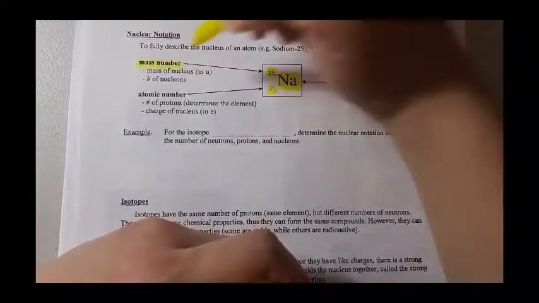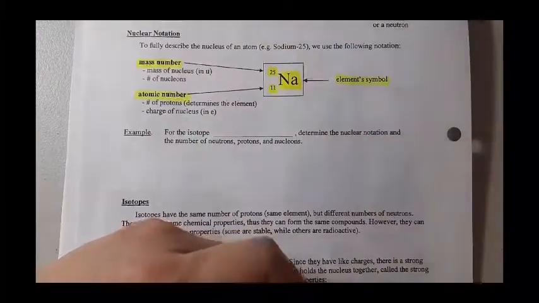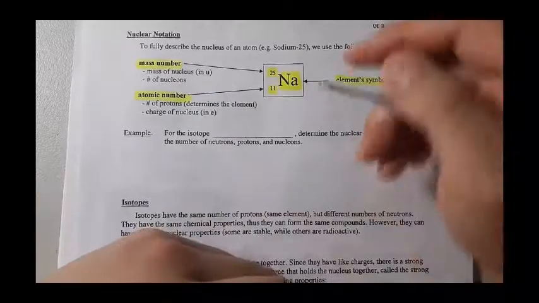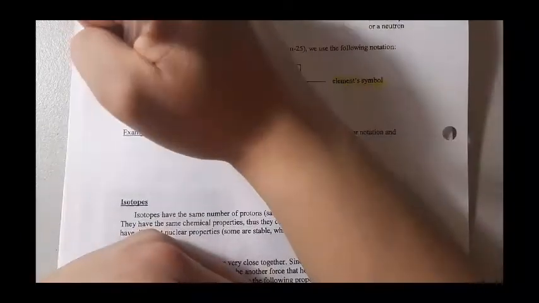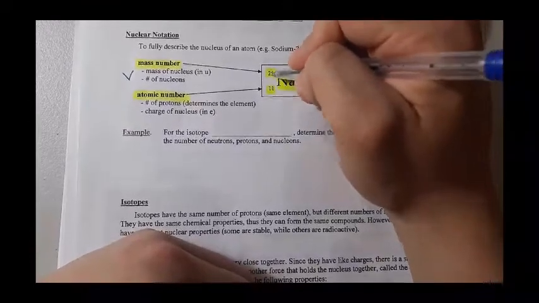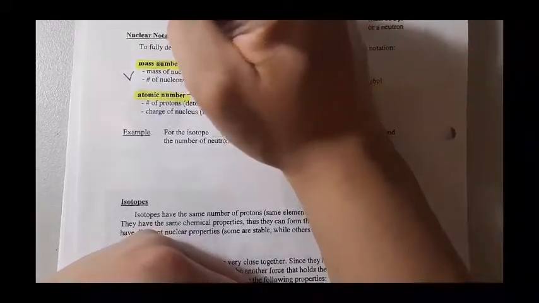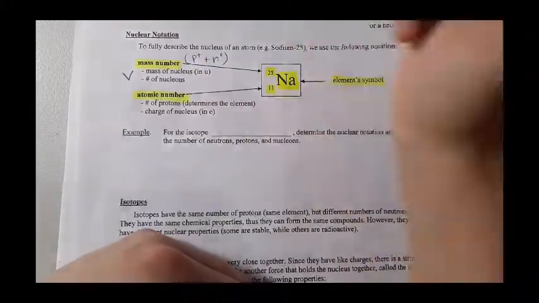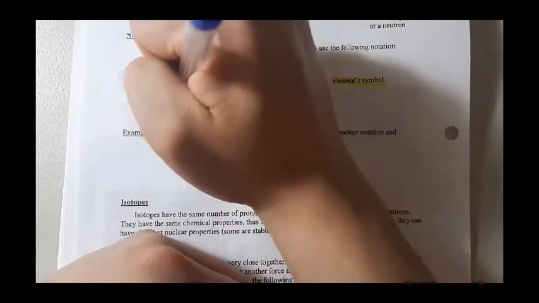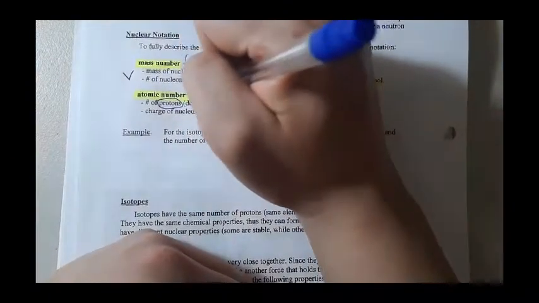The number that belongs on the bottom is the atomic number. So the atomic number is generally always smaller, and the mass number is bigger because it is composed of proton number plus neutron number. On the other hand, the atomic number only talks about proton number.